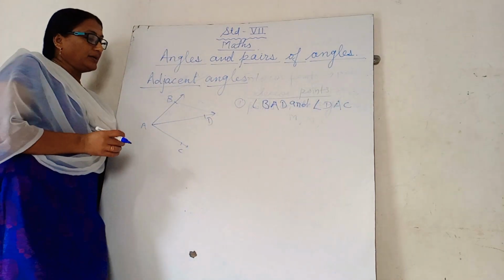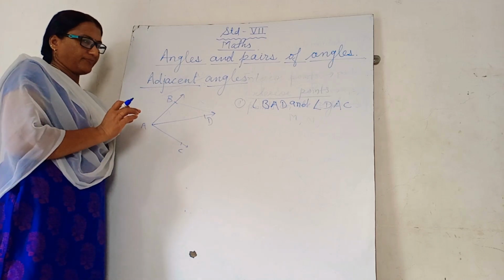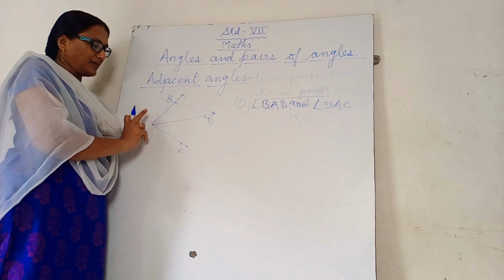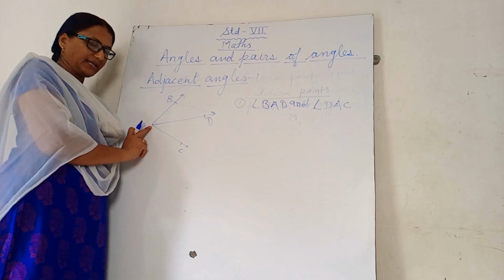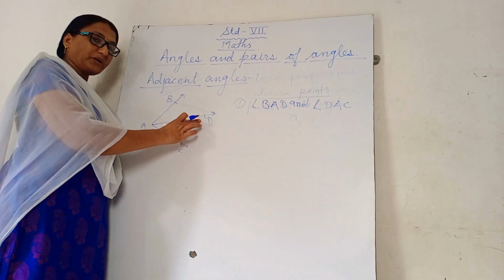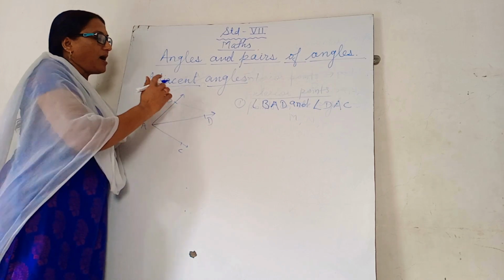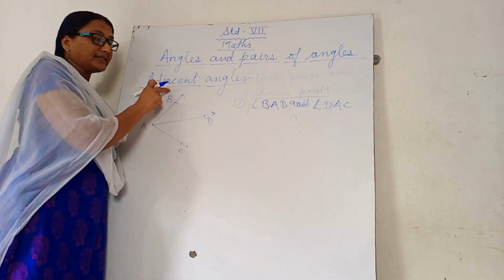Always write angle in three letters. Then what are adjacent angles? Angles having a common vertex, a common arm and separate interiors are called adjacent angles.